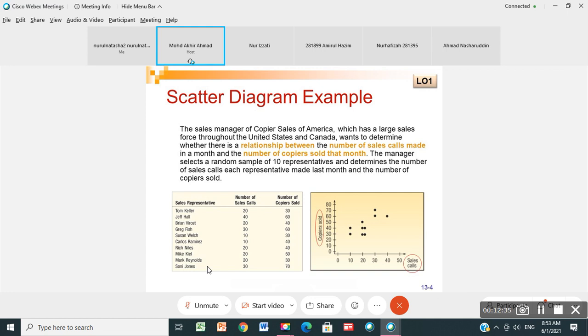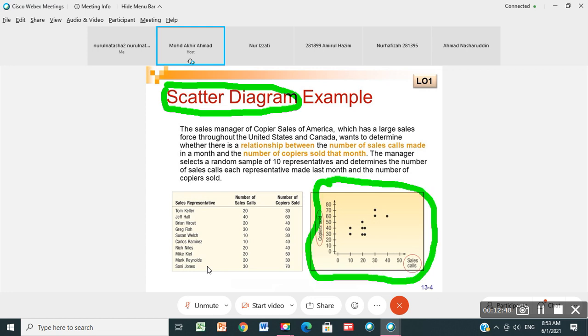What is a scatter diagram? A scatter diagram is like this. This one they call a scatter diagram. A scatter diagram has two variables, and the coefficient.